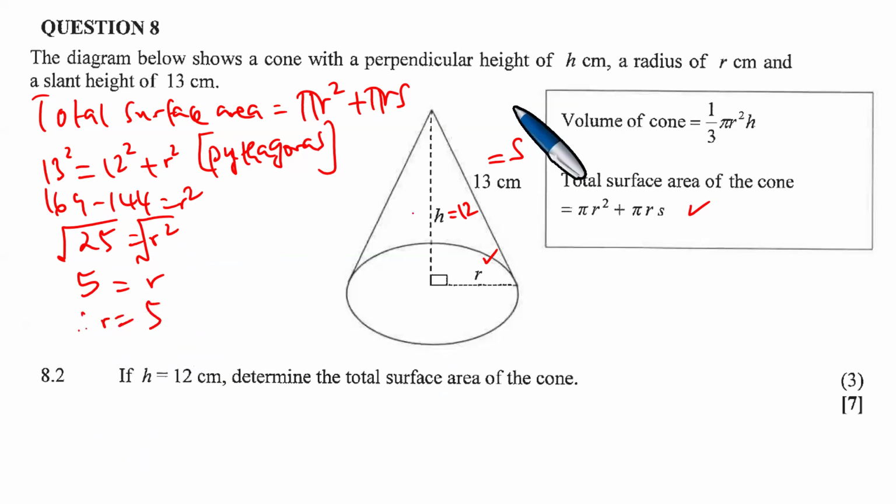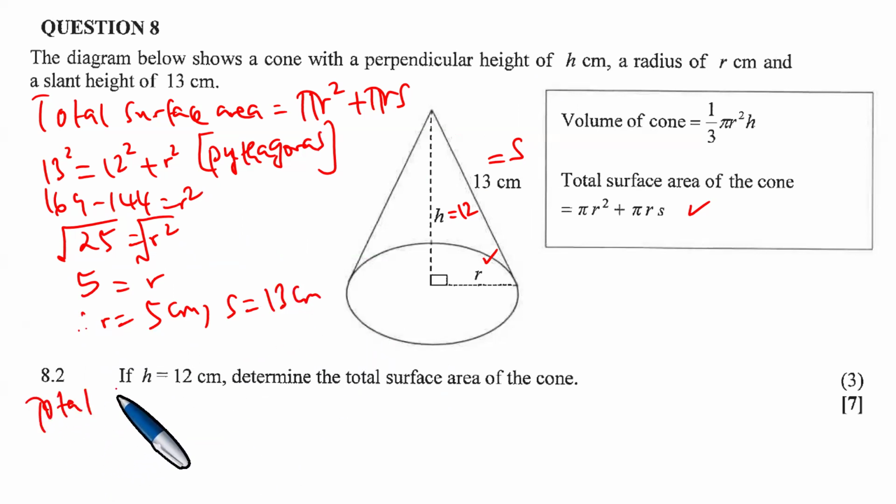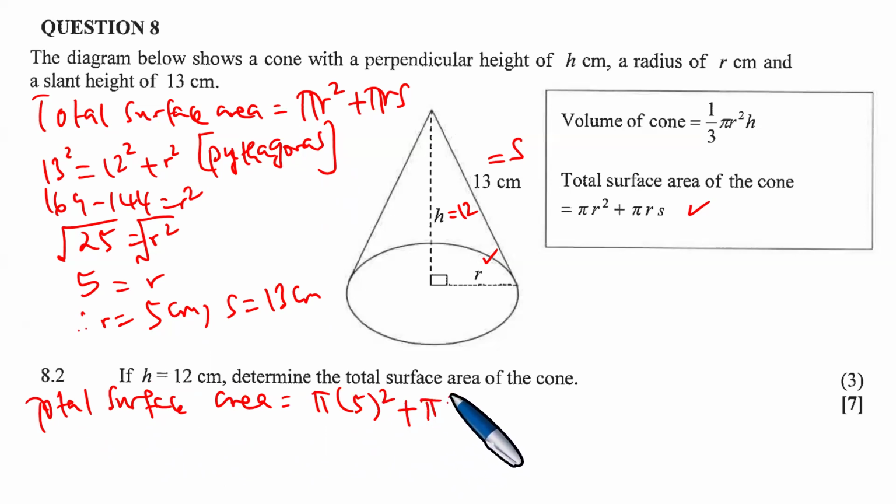r is 5, and the unit of measurement is the centimeter, and we also have the slant height of 13 centimeters. Total surface area is pi, the radius is 5 squared, the slant height is 13.